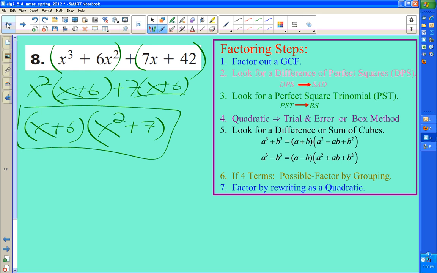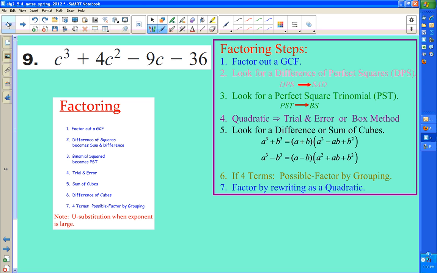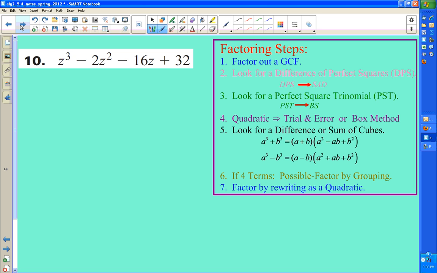Let's look at number 10. Let's see what this says. Same stuff. Now, number 10, the third term is negative. So when you put the grouping, the negative needs to stay inside with that 16z.